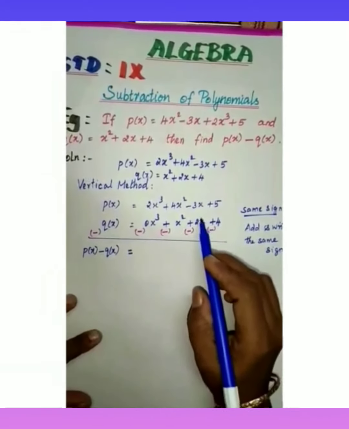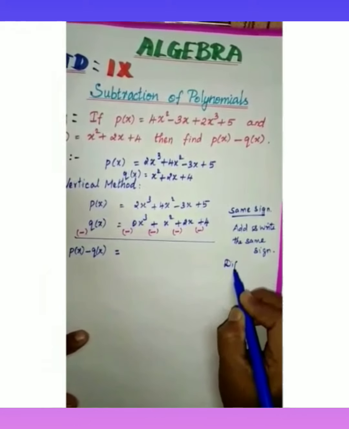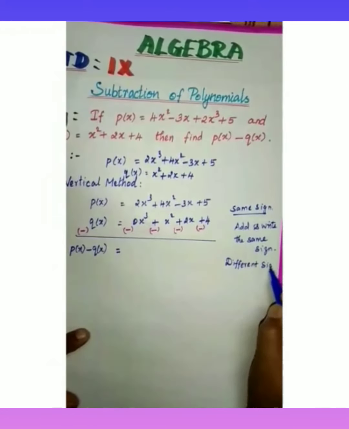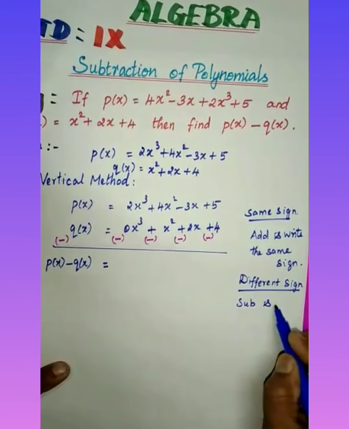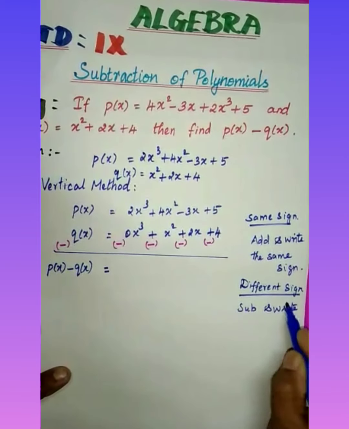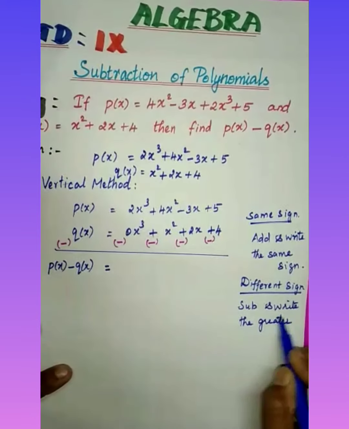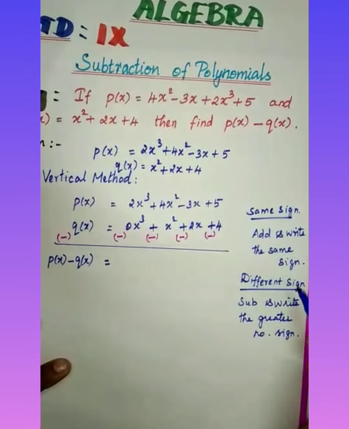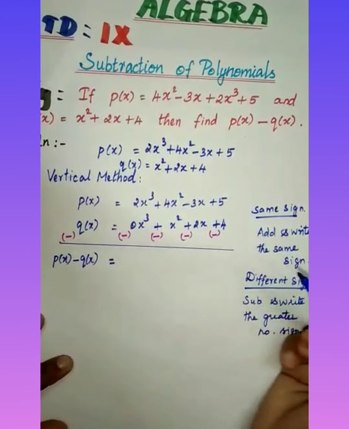If the given like terms are different sign, subtract and write the greater sign. So this is the rule of algebraic addition. So this rule we are going to apply here.